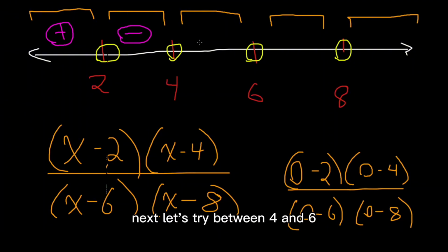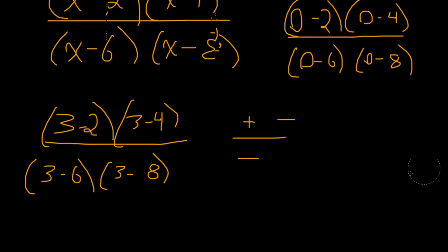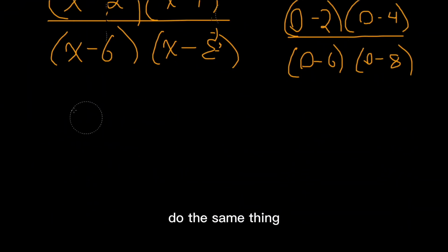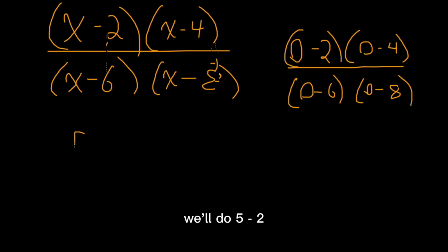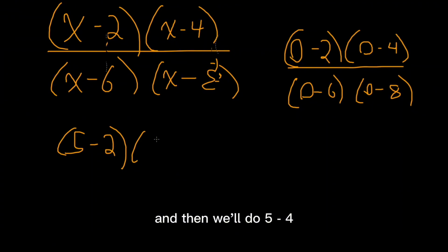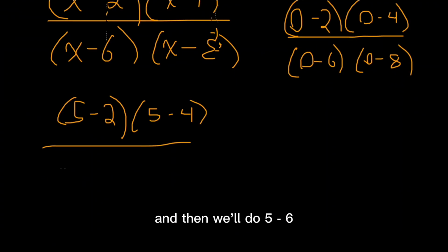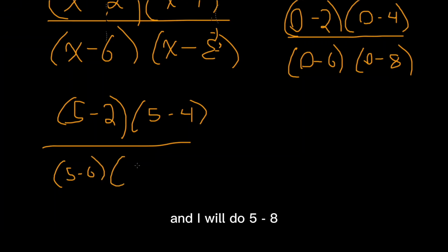Next, let's try between 4 and 6. Let's do 5. So, we can do the same thing. We'll do 5 minus 2, and then we'll do 5 minus 4, and then we'll do 5 minus 6, and then we'll do 5 minus 8.